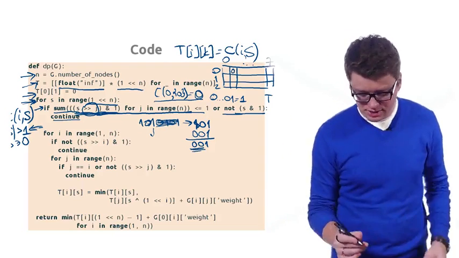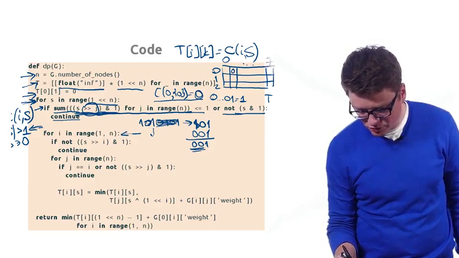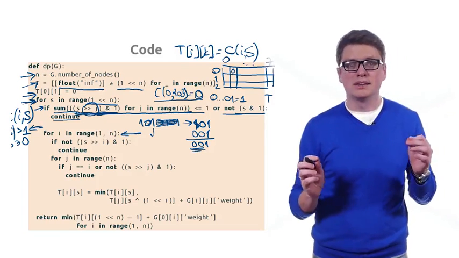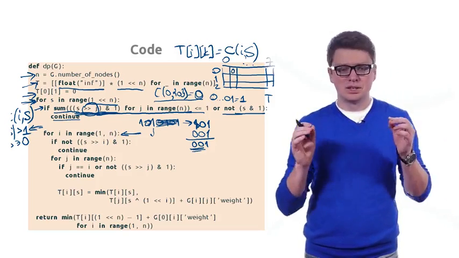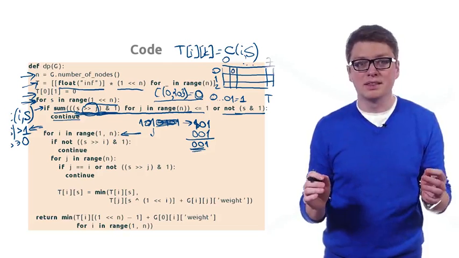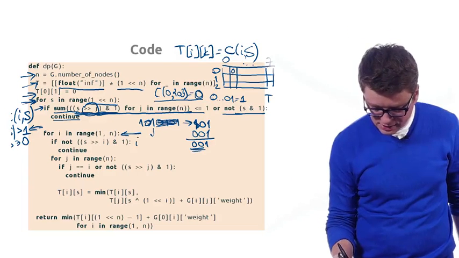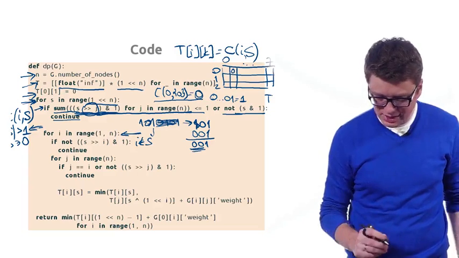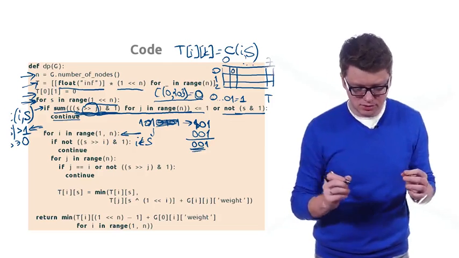Then we range, in another for loop, I ranges from 1 to n. So we are not interested in I equal to 0, and for this reason the range here is from 1 to n. Then first we check if I is not present in S. Here, if I is not present in S, we just continue. We are not interested in such sets, right?